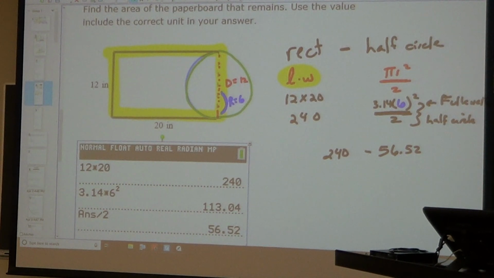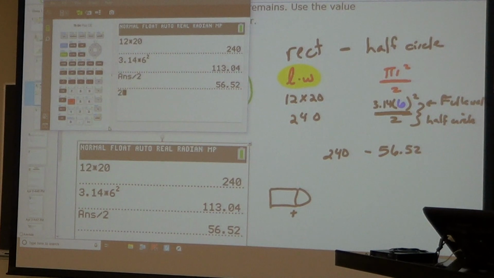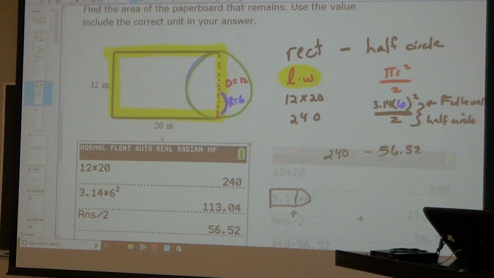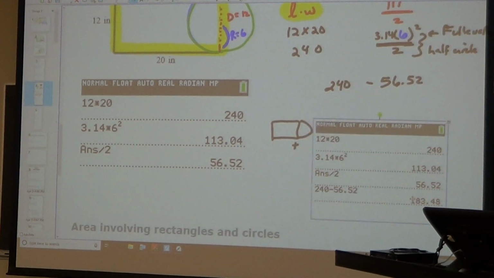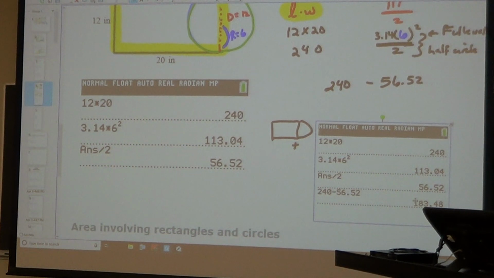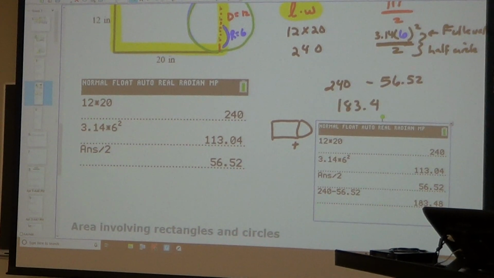And we're subtracting it because it's sucking in. If we added it, y'all, it would look like that. This would be if we added it. We're subtracting it. So it's going to be 240 minus 56.52. There's my answer. So it's 183.48 inches squared.